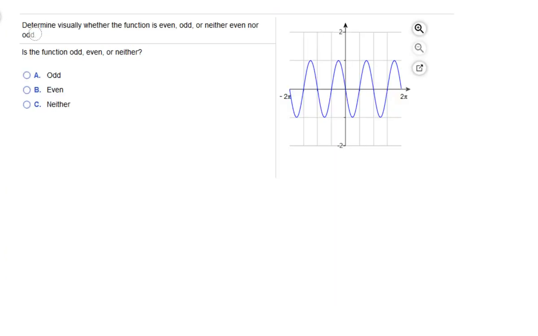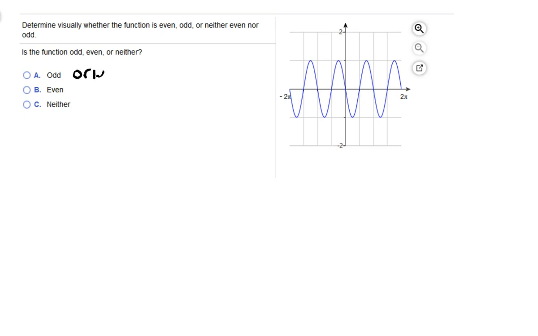The next example says, determine visually whether the function is even, odd, or neither even or odd. Is the function odd, even, or neither? So let's talk about each one of these vocabulary words. What we need to know is that for a function to be odd, it needs to have origin symmetry.